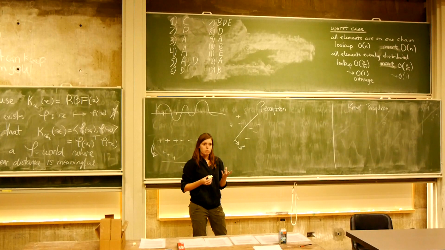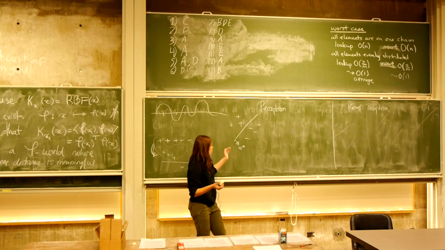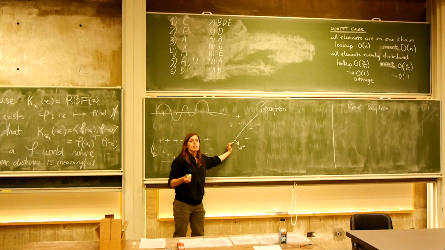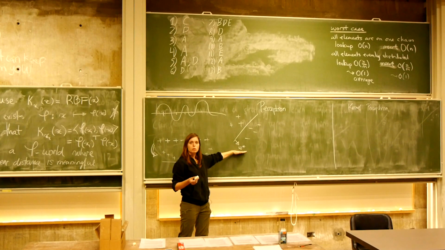I'm going to go through the proof for the perfectly linearly separable data set. You can imagine that there are ways to modify all of this for the non-linearly separable data set. Let's go through a simple example to get intuitions. So if you have a linearly separable data set, you know that there is an optimal decision boundary, and you're going to express that decision boundary through a W star.